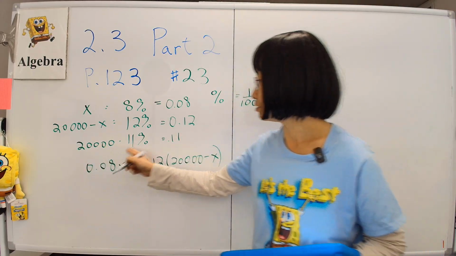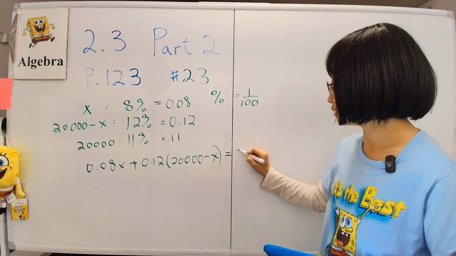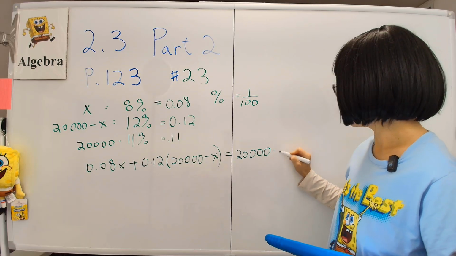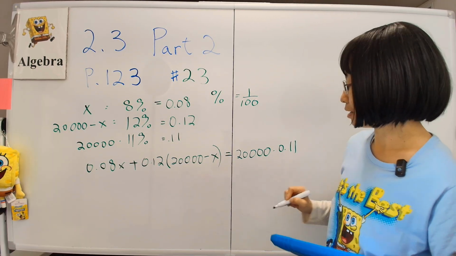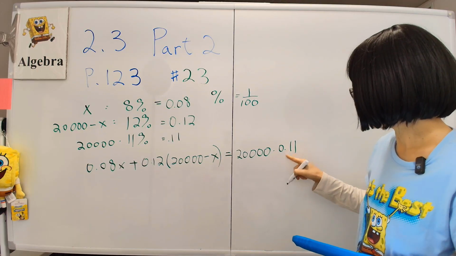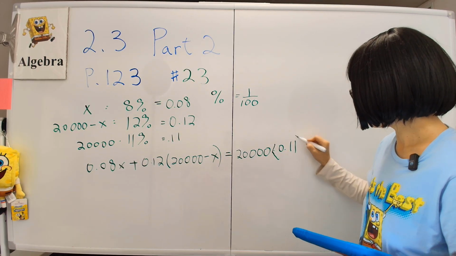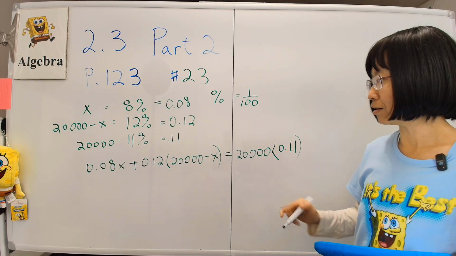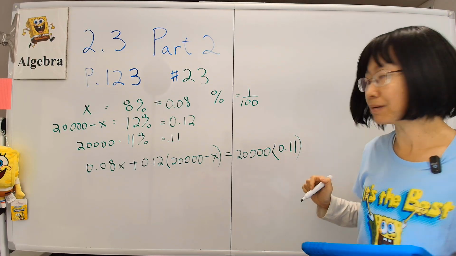And so the total should become $20,000 at 11% times 0.11. All right, so that should do it. Well, to not confuse the points, we'll use the parentheses, okay? Because parentheses means multiply as well. This is 20,000 multiplied by 0.11.